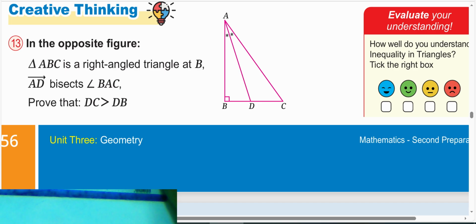We have a right angle triangle here. This obtuse angle ADC is greater than angle B, then AC is greater than AD in this triangle. And we have also an exterior angle. If you want the relation between DC and DB, we have a relation between two sides. We have AD bisects the angle in two angles equivalent in measure.